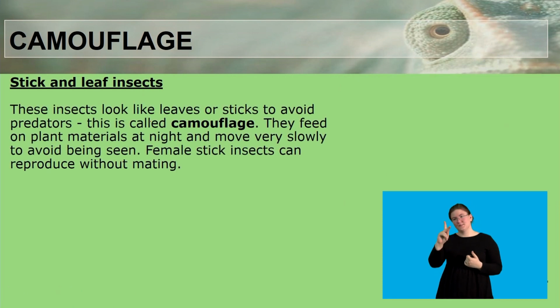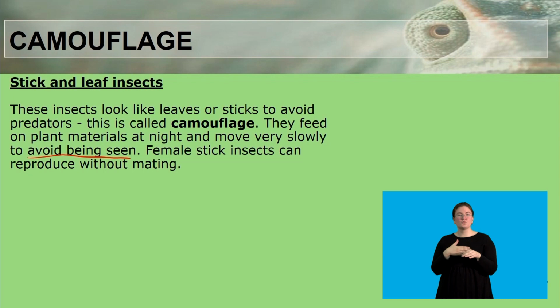These insects look like leaves or sticks to avoid predators. This is still called camouflage because they are also blending in with their environment. You are most likely to find sticks or twigs amongst flowers. They feed on plant materials at night and move very slowly to avoid being seen. Female stick insects can reproduce without mating.